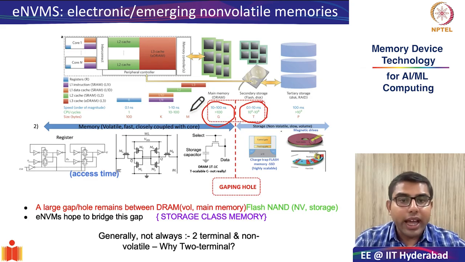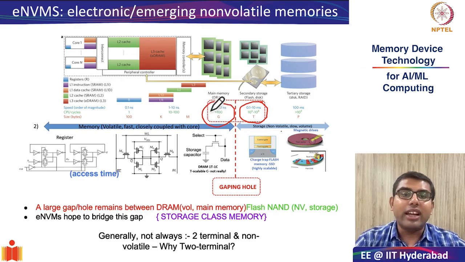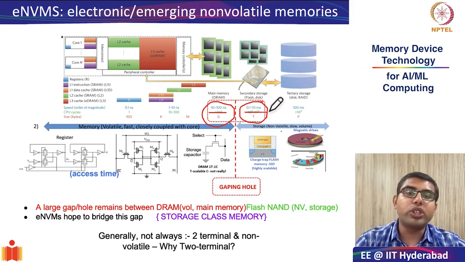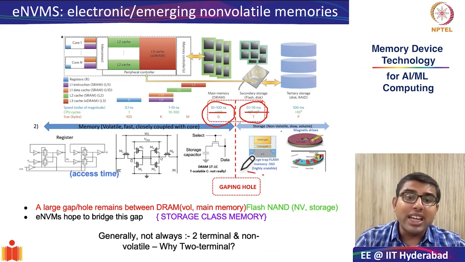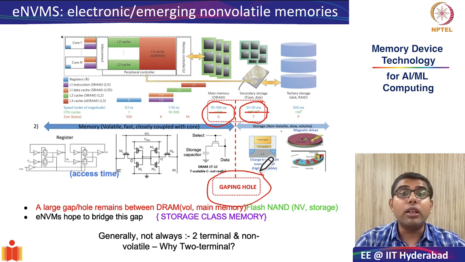Whereas the latencies in DRAM are roughly in the order of 10 to 100 nanoseconds, for NAND flash storage subsystems this latency goes to almost 0.1 to 10 milliseconds. Now please note, this is almost 4 to 5 orders of magnitude difference. So the latency mismatch is in the range of 4 to 5 orders of magnitude, and that is what we described as the gaping hole between the memory subsystem and the storage subsystem.